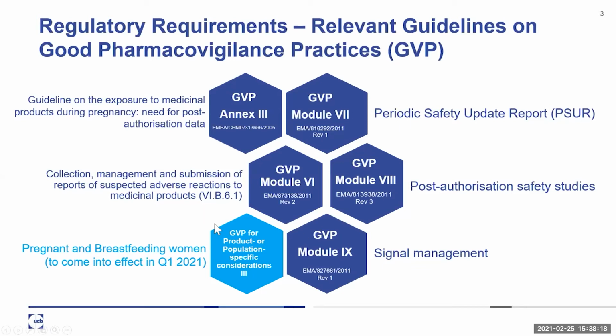One guidance which is expected to come into effect very soon is the GVP for product and product-specific consideration 3. So this is related to the pregnant and breastfeeding woman. So this is the guidance that should be available very soon.